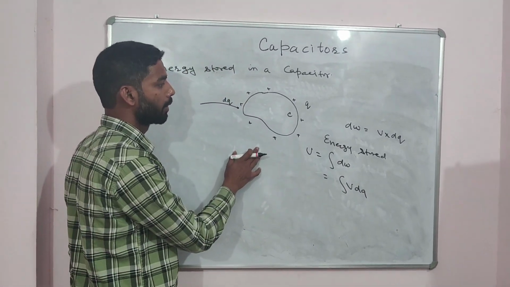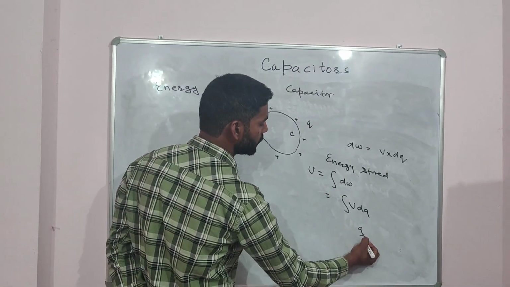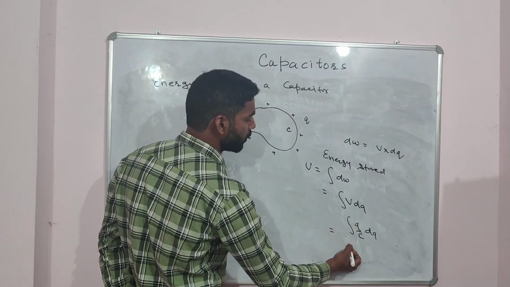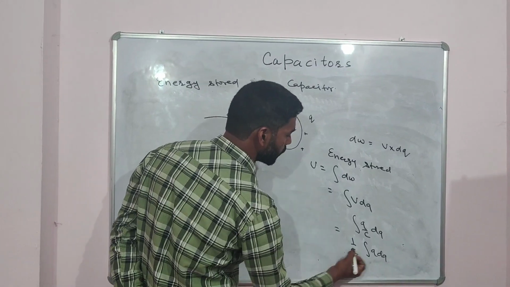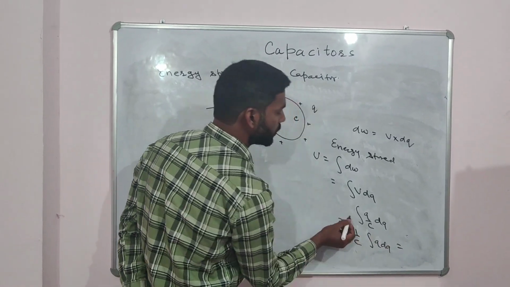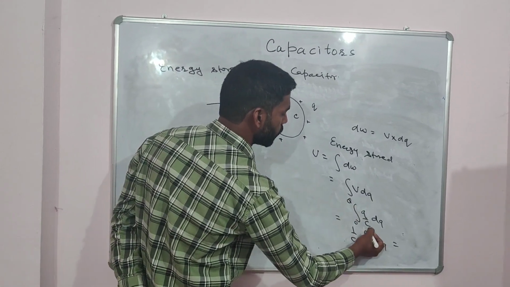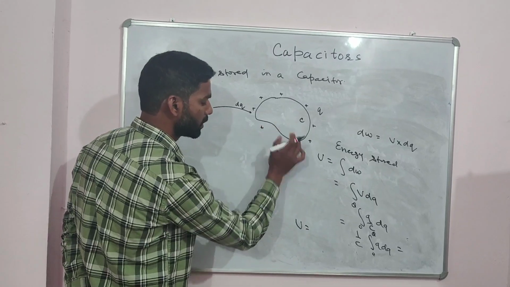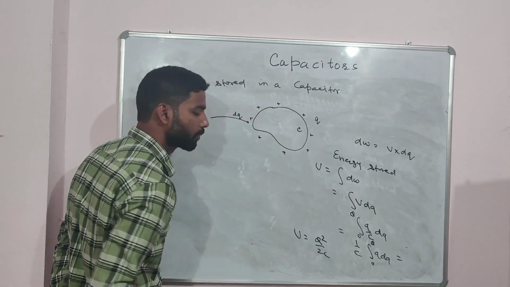This will be the energy stored by this capacitor. We can write V as Q by C, so it is Q by C dq, and 1 by C comes outside, integral of Q dq, with charge from 0 to Q. The potential energy stored by this capacitor is equal to Q square by 2C.